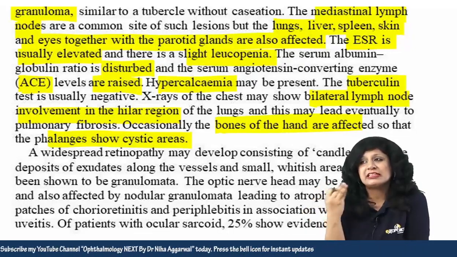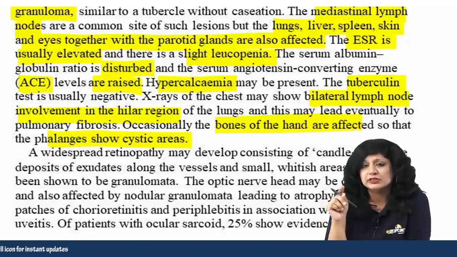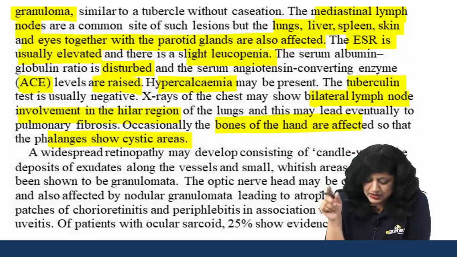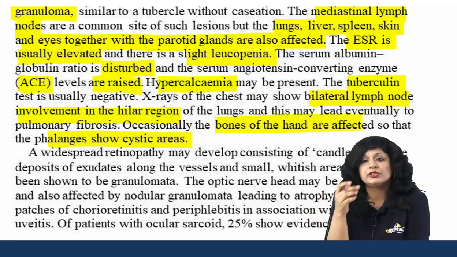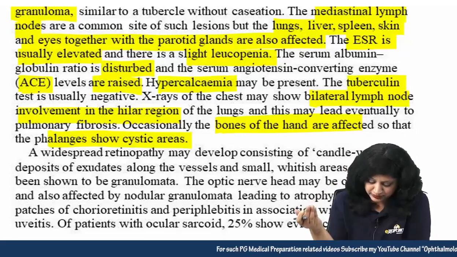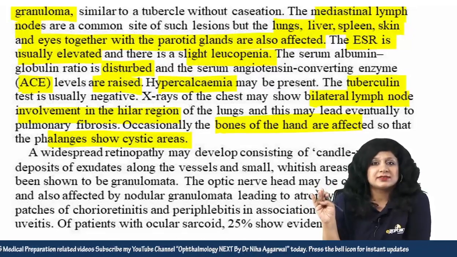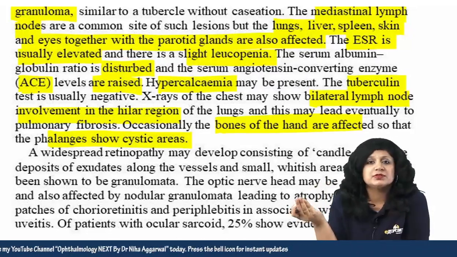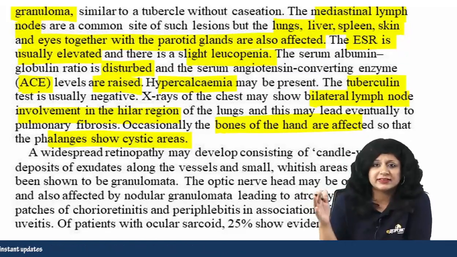Now instead of saying that it is elevated, they can give you a value, but you don't have to learn them. The normal value will also be given. They can give you evidence of leukopenia, the reversal or disturbance of the AG ratio, increased ACE levels, chest X-ray showing lymph node enlargement, tuberculin test negative, bones affected with cystic areas, and they can give you options like sarcoidosis, toxoplasmosis, syphilis, HIV, something like this, and you get a good question there.